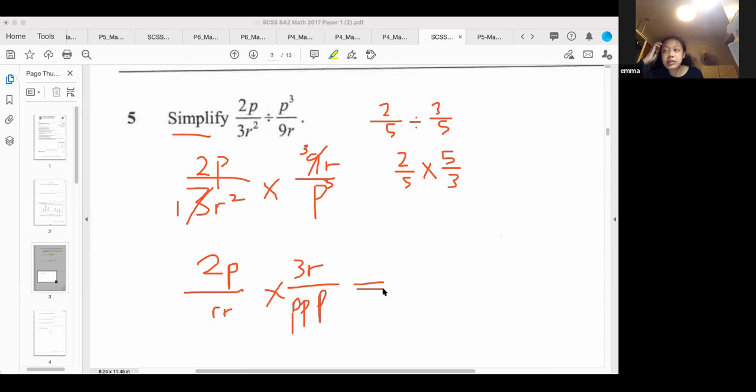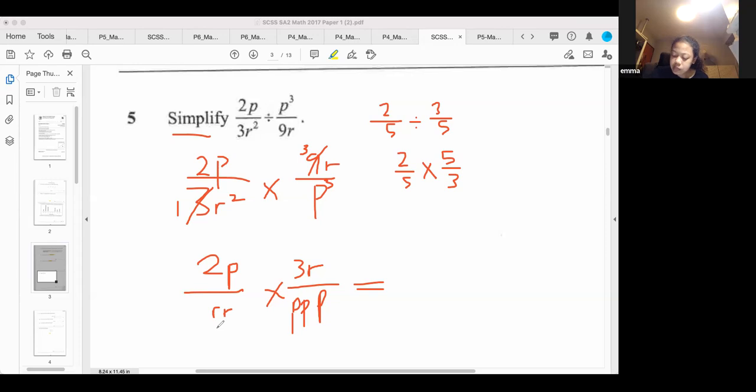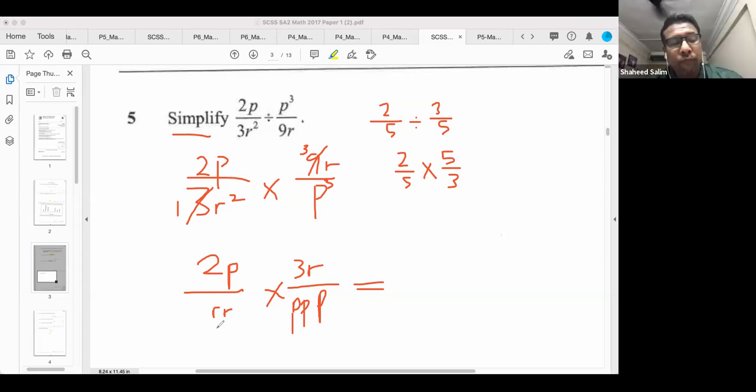Can I cancel the R? Oh yeah, you can cancel. This power R2 means R times R. You can cancel one R. You'll find that you need to minus the power, but it's okay. You try.